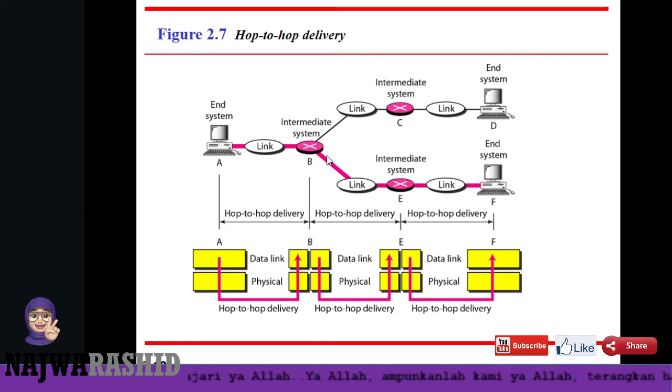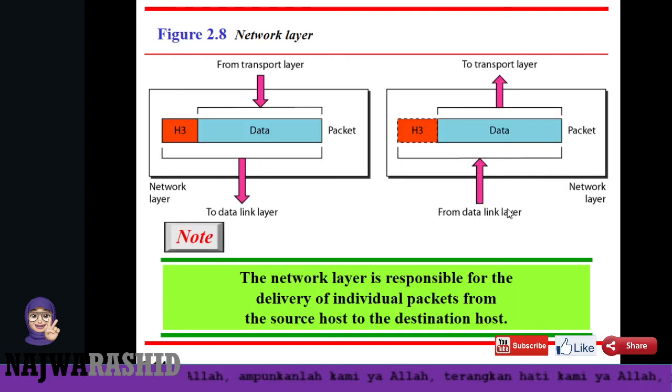Note, a hop is an end device. So what are the devices here? We have a computer, we have the router. So hop to hop, from computer E to router B, from router B to router E, or from router B to router C, or from router C to D, from E to F. So this is what we call hop to hop.